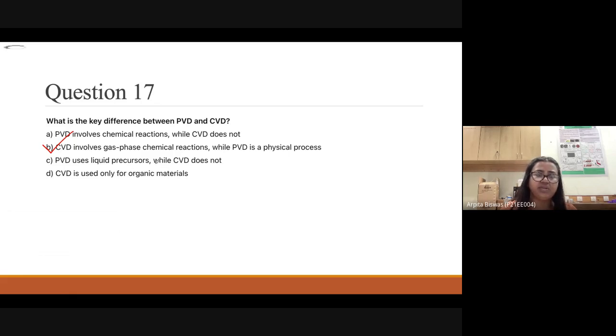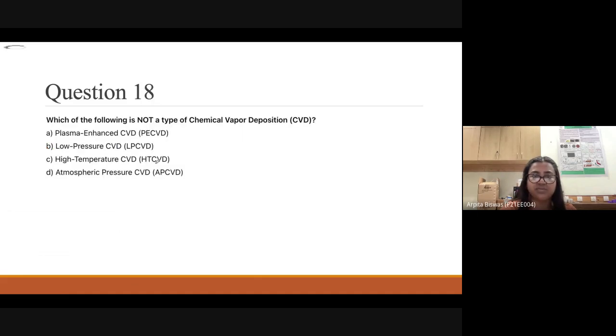Because in atmospheric or low pressure CVD, some higher temperature is required. But if you go for plasma enhanced chemical vapor deposition, we can do the reaction at low temperature. So here the right option is CVD involves gas phase chemical reactions, while PVD is a physical process.